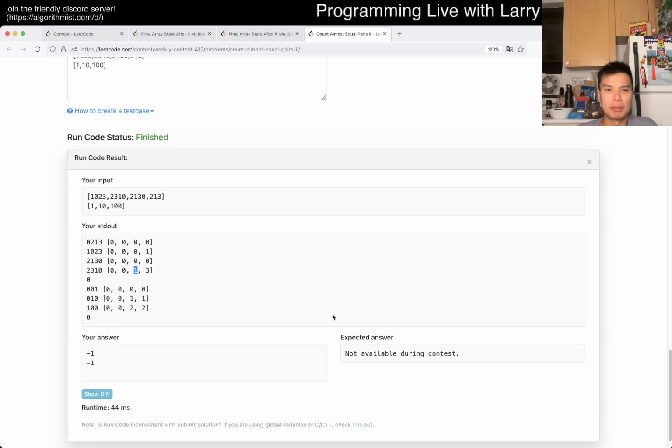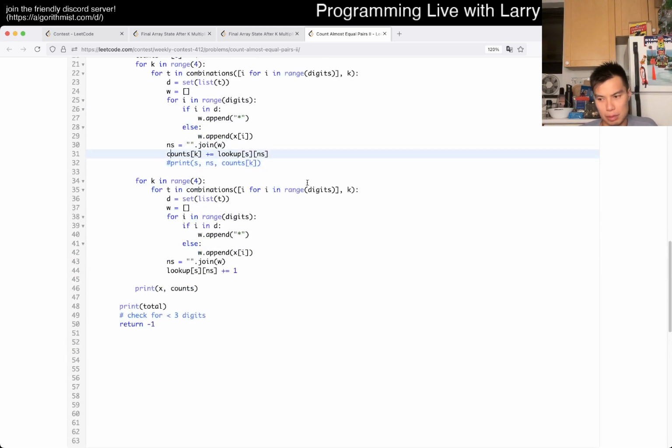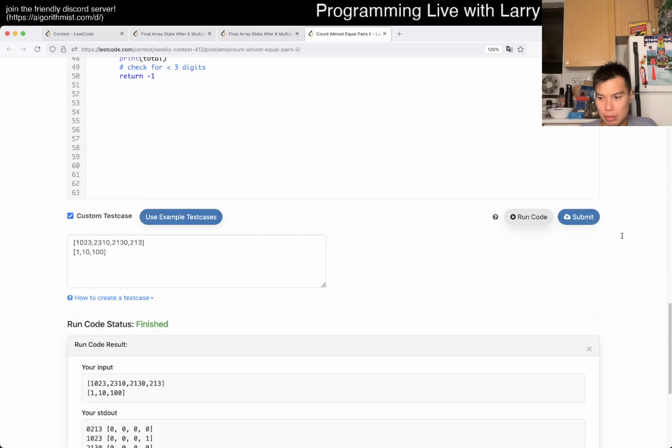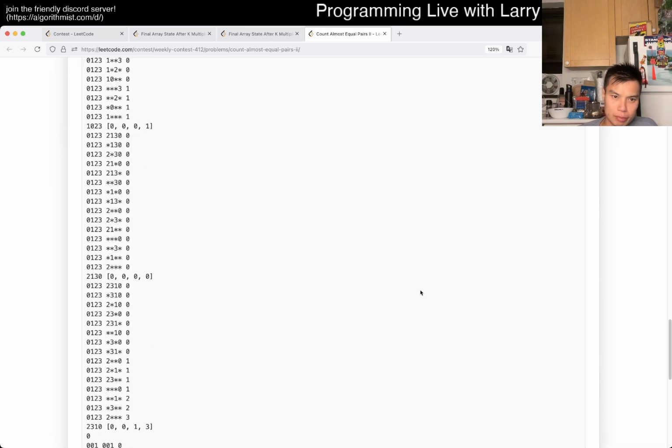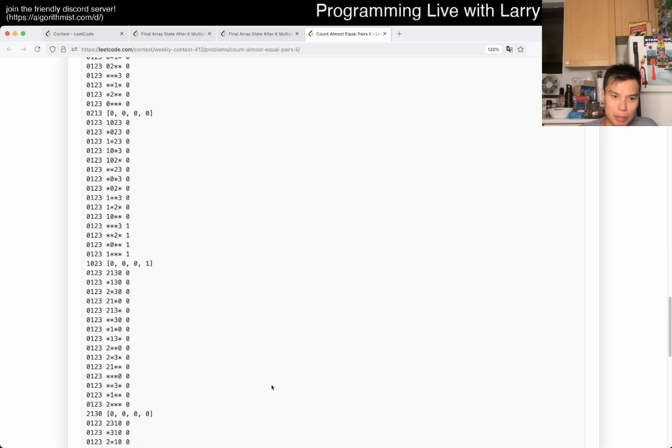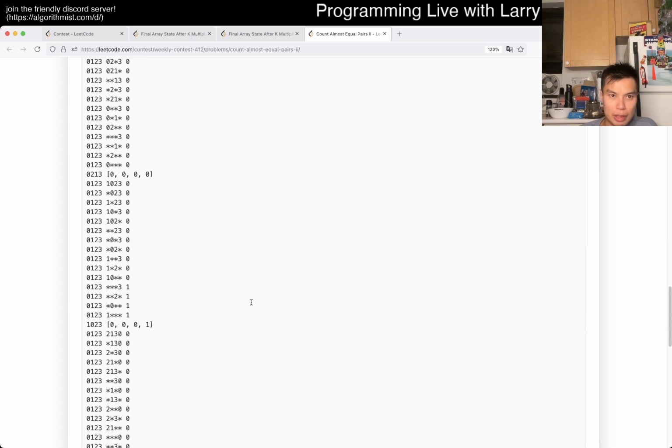What does this 2 mean? What am I printing out? Count subarrays. So that means that the only one that exists is this one. No, that's the other one. Okay, that means that this one.